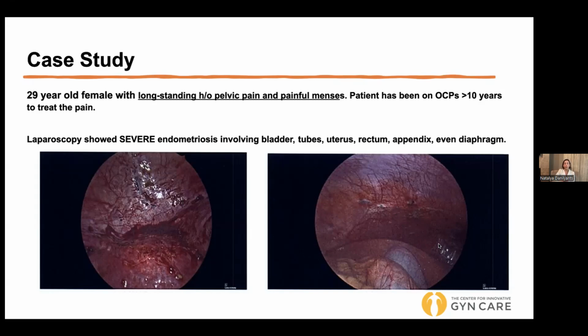So way up here with endometriosis, and then in the pelvis, everything was covered with endometriosis. Tubes, uterus, rectum, ovaries, bladder, appendix. So all the structures were very, very diffuse, so kind of scattered.